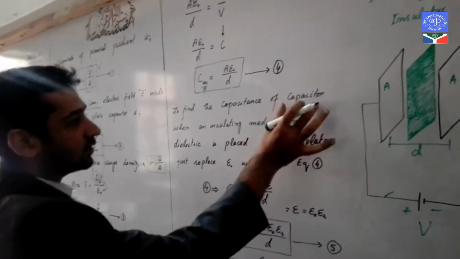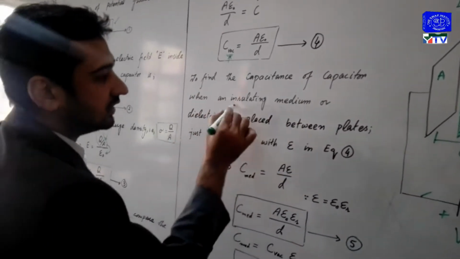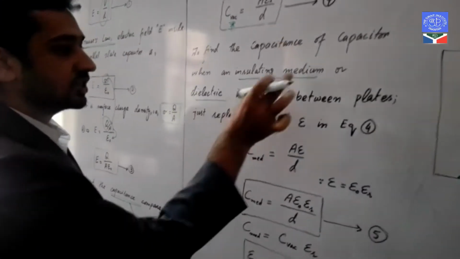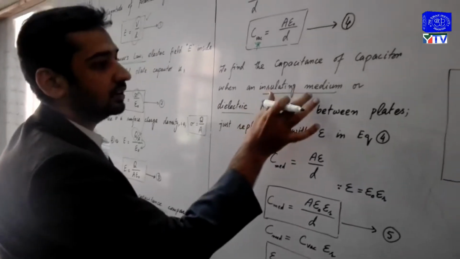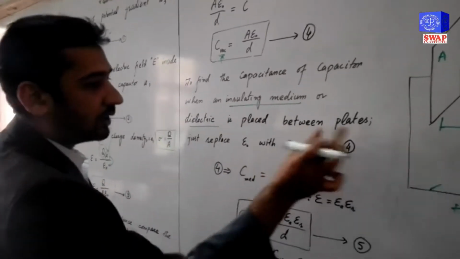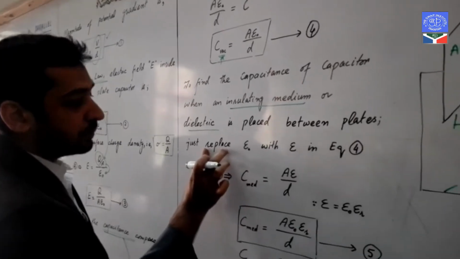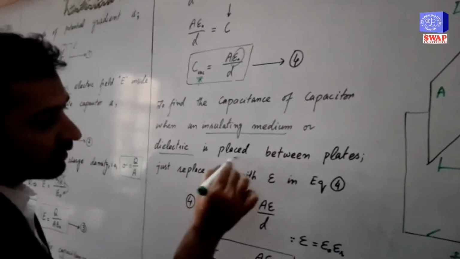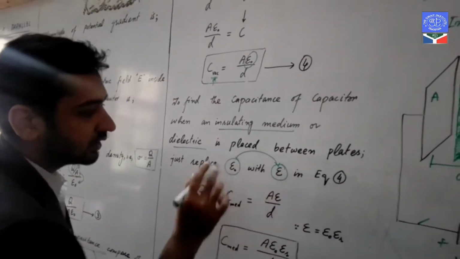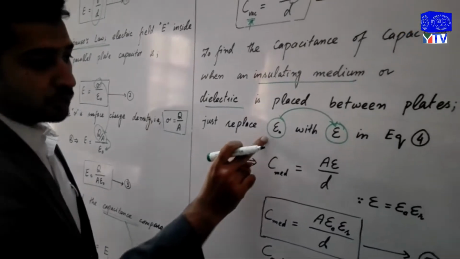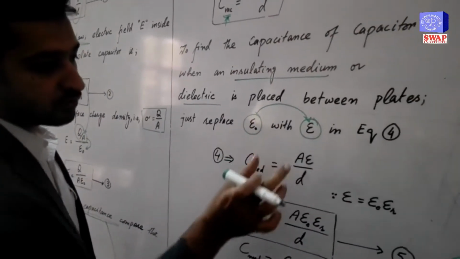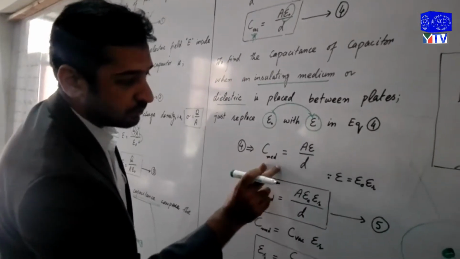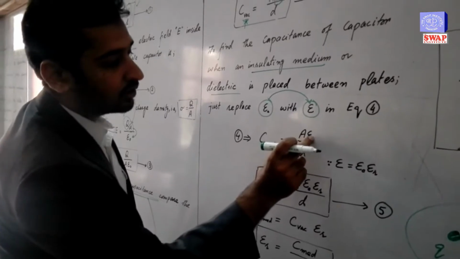To find the capacitance when an insulating material or dielectric, these are the same things, is placed between the plates, just replace this epsilon naught with epsilon. By replacing these two factors, we get the capacitance when medium is placed between two plates. C medium is equal to A epsilon over D.